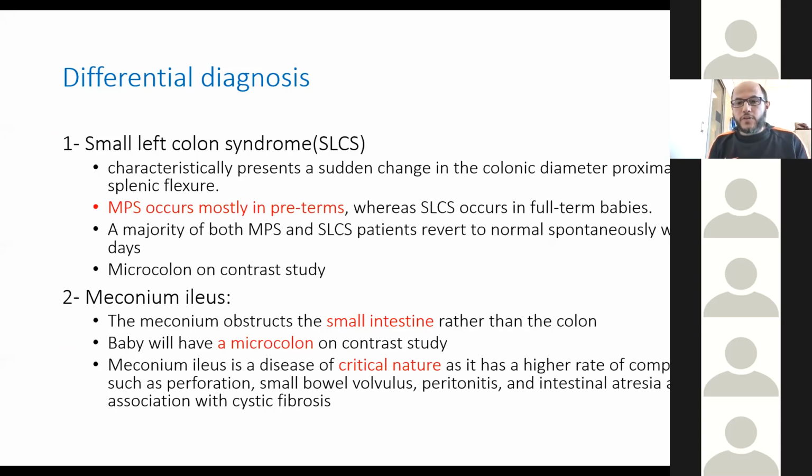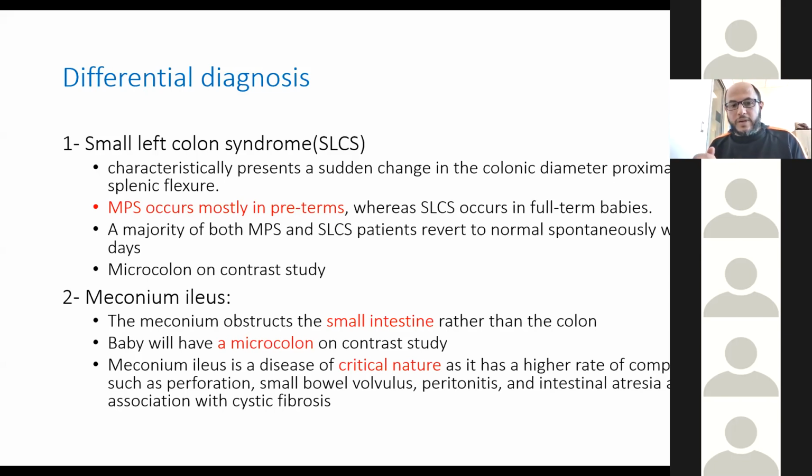Versus small left colon syndrome, where the colon is a microcolon. The obstruction is in the large bowel, versus meconium ileus, where the obstruction is in the small bowel. Meconium ileus starts super early, so usually they have a microcolon on the contrast enema, and the baby is usually sicker than the baby with meconium plug.